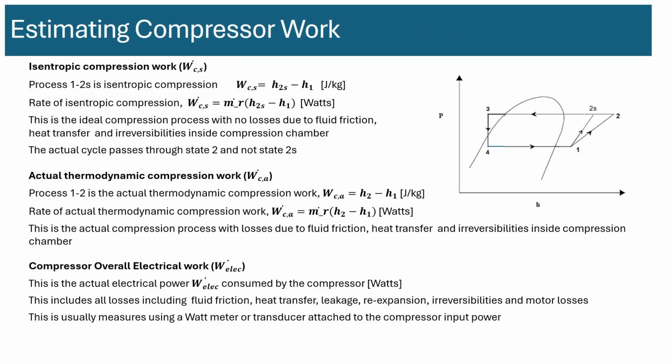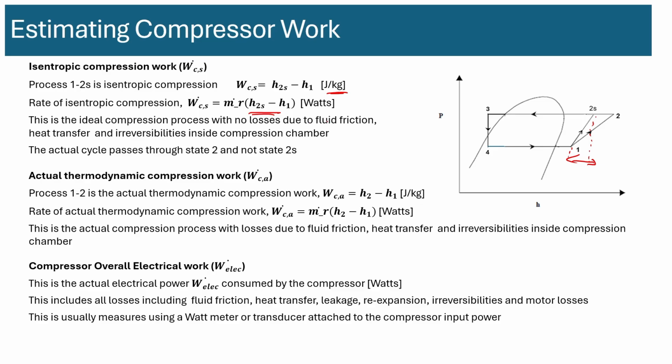All right. Now, the third thing we need to know is the compressor work, which happens between 1 and 2, right? So if we start with the ideal scenario, the process is 1 to 2s. In this case, the work done is the enthalpy difference between 1 and 2s, right? So whatever the enthalpy at 2s is and at 1, that difference. So that's in joules per kilogram, multiply with mass flow rate to get the isentropic compression power in watts.